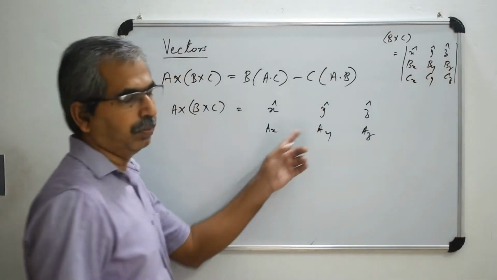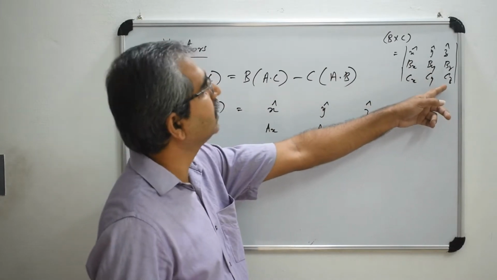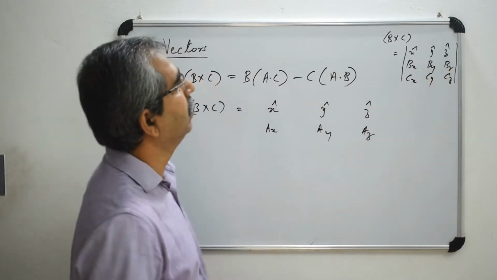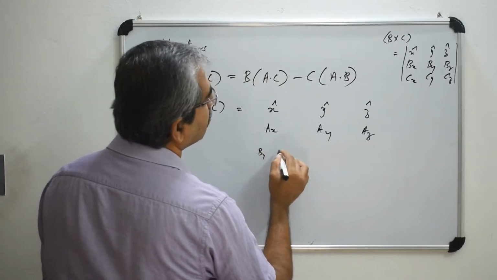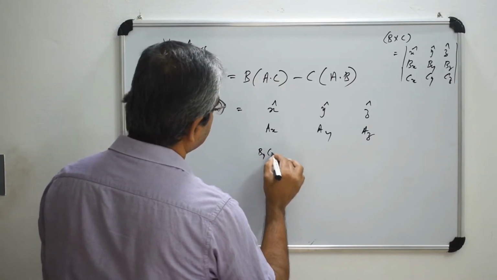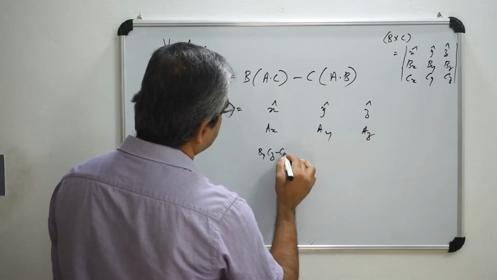So what is the X component? X component of B cross C, that is equal to By Cz minus Cy Bz, isn't it?